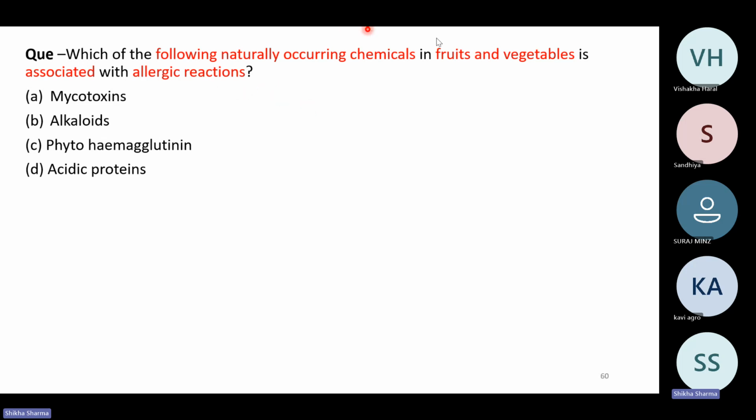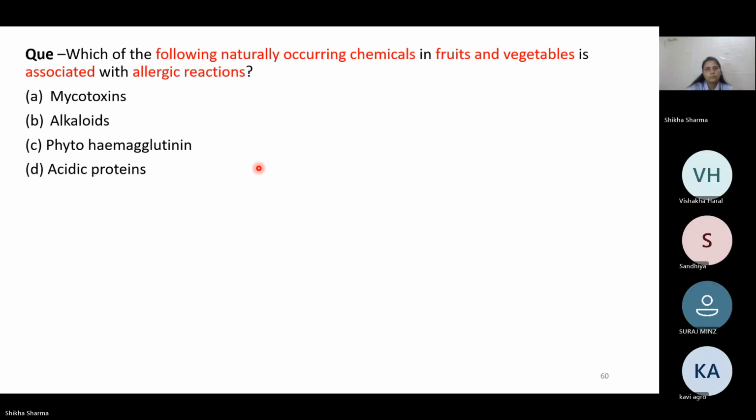Mycotoxins, alkaloids, phytohemagglutinin, and acidic proteins. Vishakha is saying C, phytohemagglutinin.